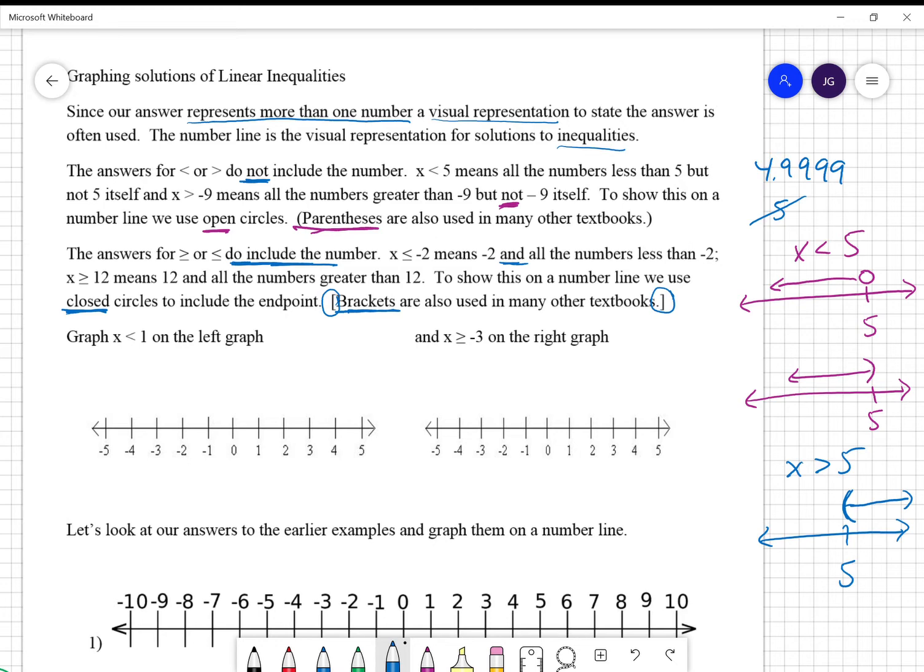If I were to graph X is less than 1 on this graph on the left, I find 1. Less than is not 1, so I'm going to put an open circle, and I'm going to go left because it's less than. If I were using parentheses, it would be a left-facing parenthesis and an arrow.